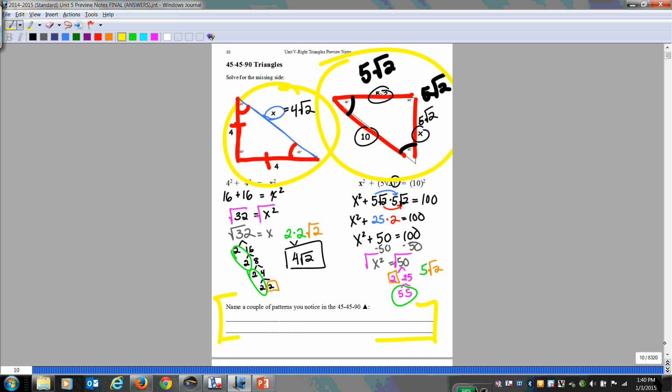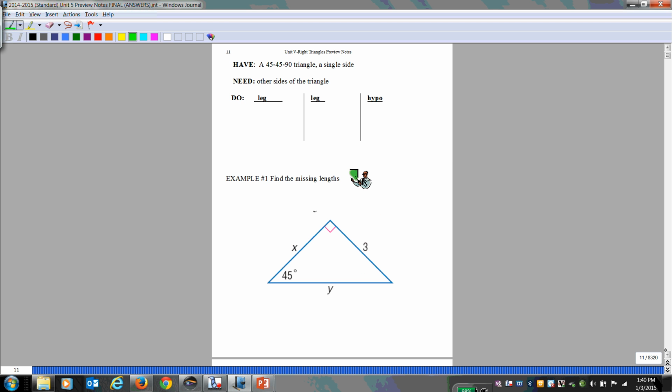Okay. What you should have noticed, one, was that the legs are equal. And the second thing you should have noticed is to go from a leg to a hypo, you simply times by root 2. So that is the two patterns you have here that you should be familiar with.